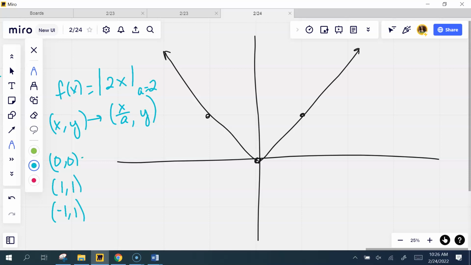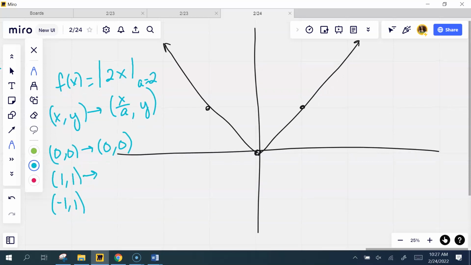Okay. So here this becomes, well, 0 divided by 2 is 0. So I'm still at (0, 0) for my vertex, as long as I'm not doing any shifts. When I start moving left, right, or up and down, it won't still be (0, 0). But yes, if all I'm doing is a dilation, then yes.